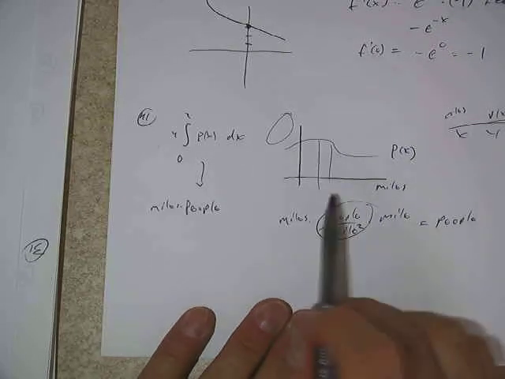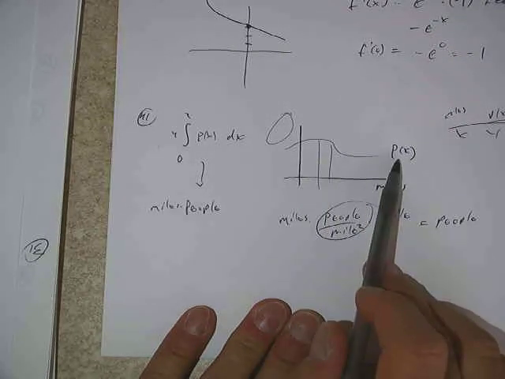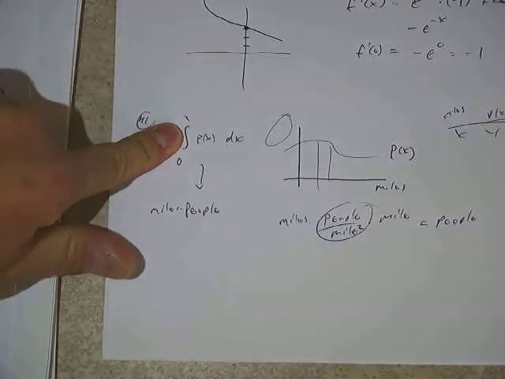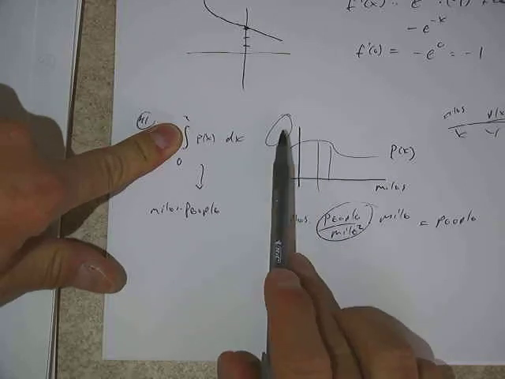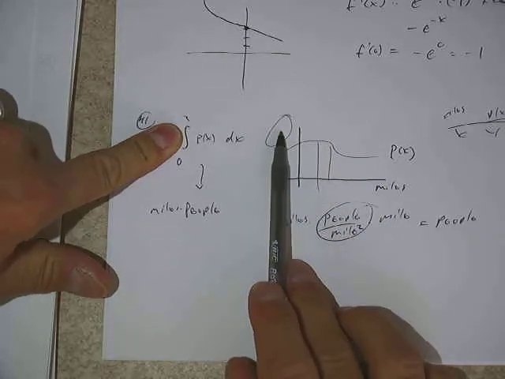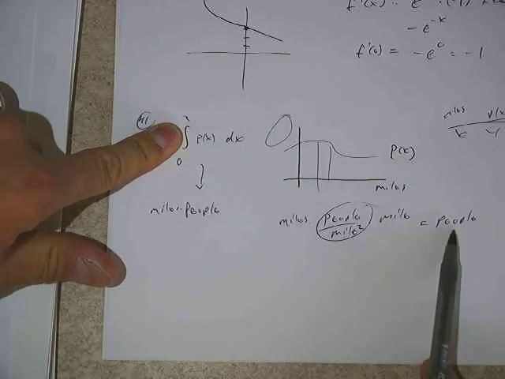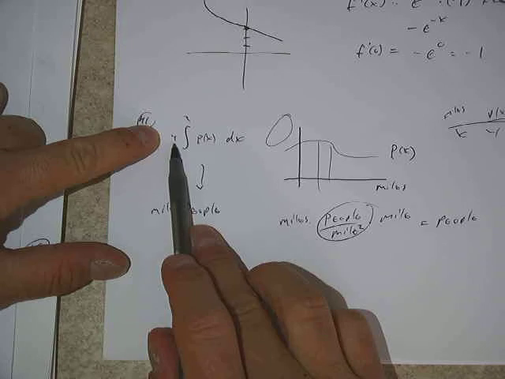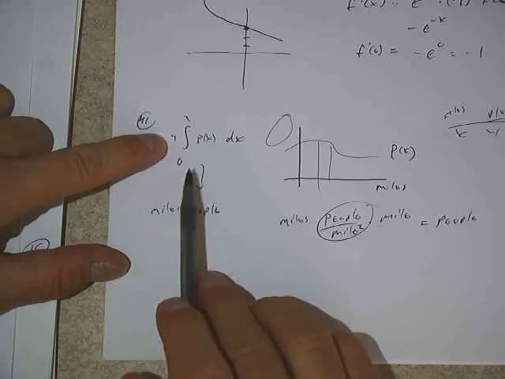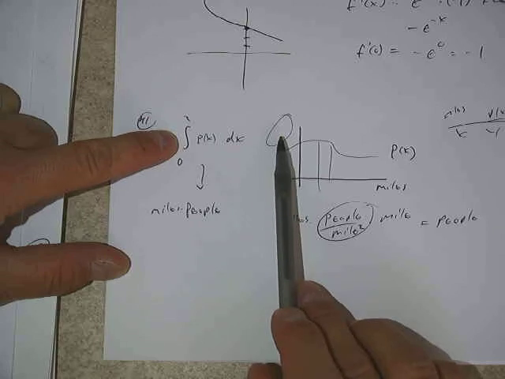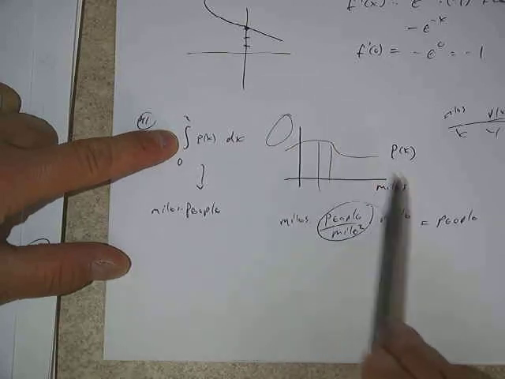So this p of x function needs to represent something in terms of miles. The independent variable here is miles. No, it asks what's the unit of p of x. The unit of p of x is going to be whatever is on the y-axis over here. They want the units of p of x. The y. In other words, what is the y measured in?